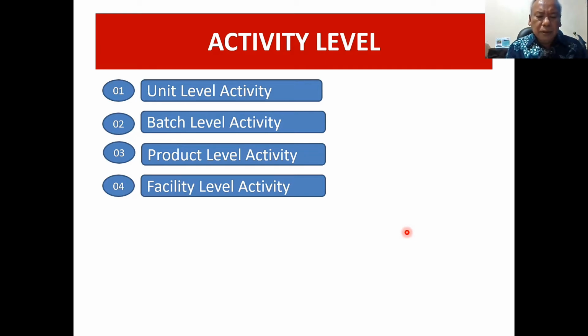The more product lines we have, the more costs, because each product line will have advertising. Another example is engineering change. For example, we redesign the products. Redesigning the product is a product level activity because it is conducted to sustain the product.